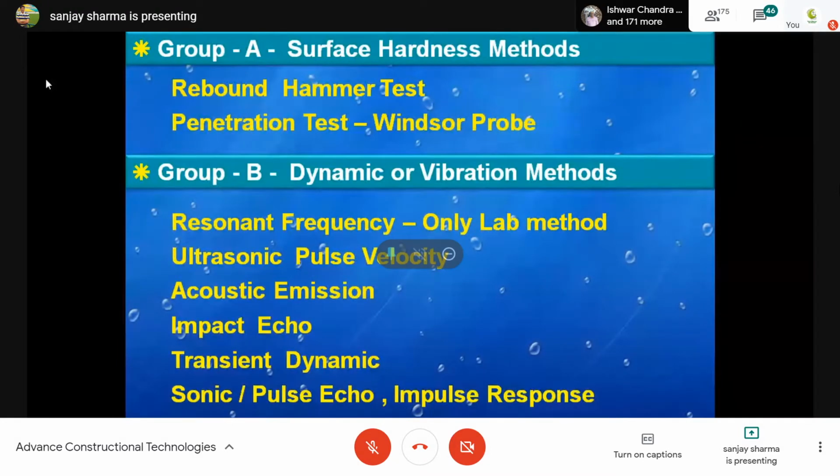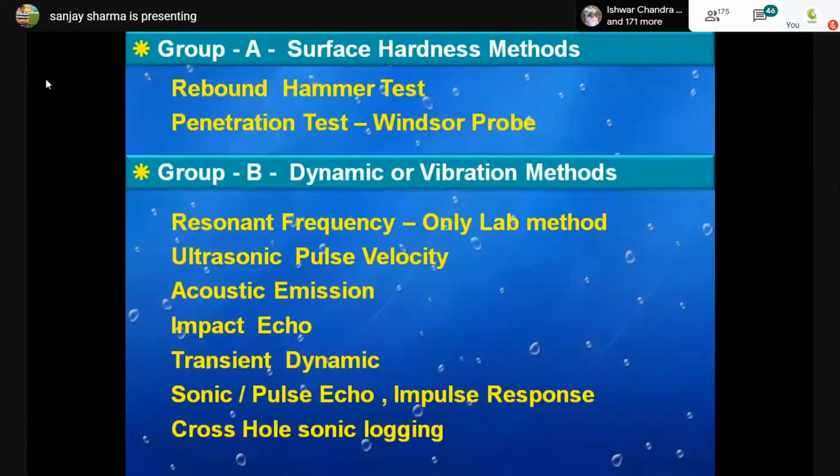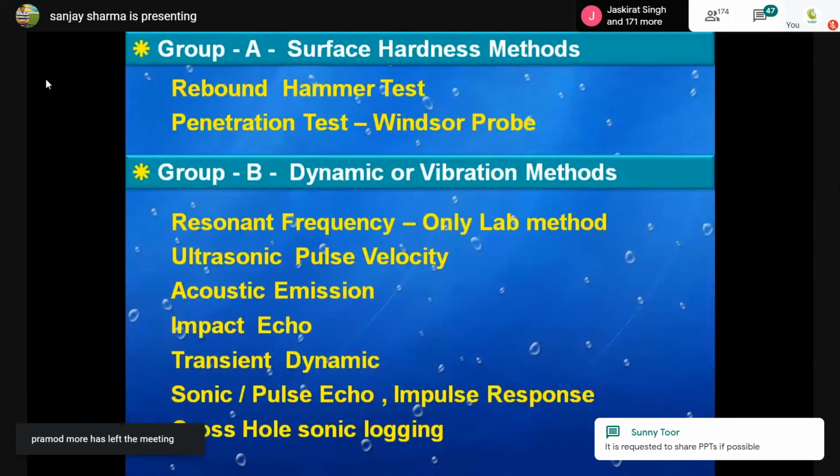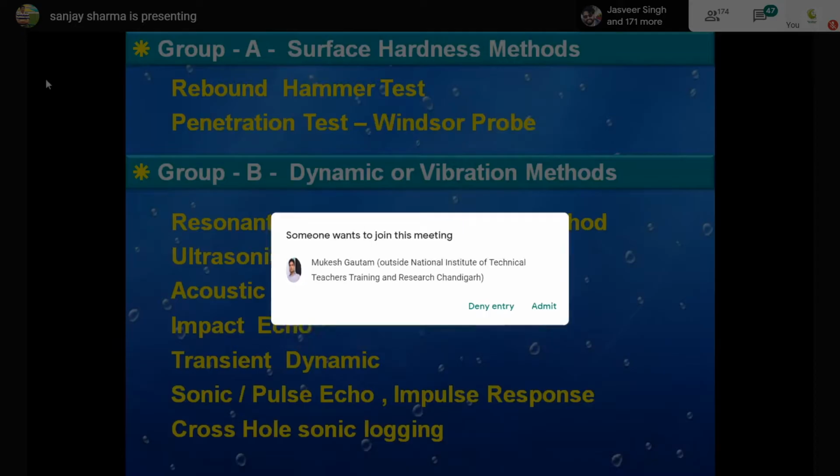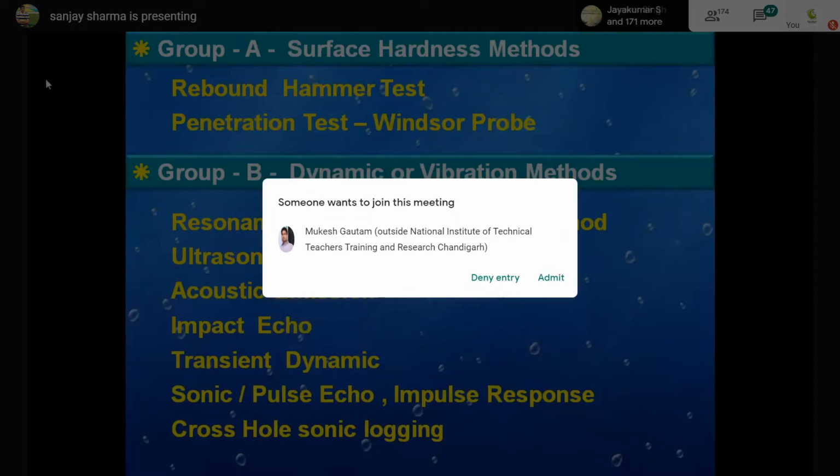Then there are the dynamic or vibration methods, like resonant frequency, ultrasonic pulse velocity, acoustic emission, impact echo, transient dynamic response, sonic pulse echo, and cross hole logging, etc. They depend on the fact that we are creating some sort of vibration, that vibration travels in the concrete, and then we measure that vibration and correlate it with the property of the concrete.